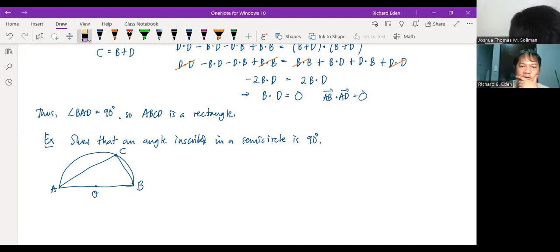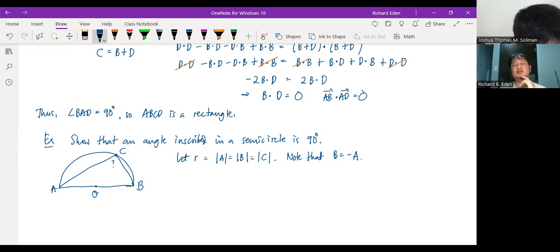Okay, so let R be the length of OA, OB, OC. Okay, and then what else? Note that B equals negative A. So we want a 90-degree angle there.